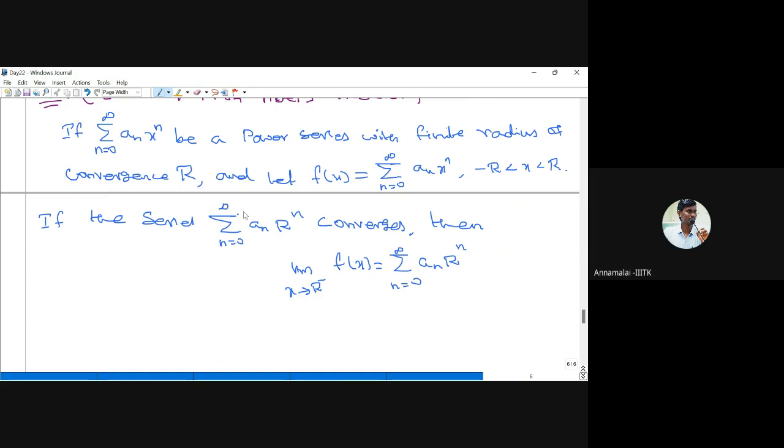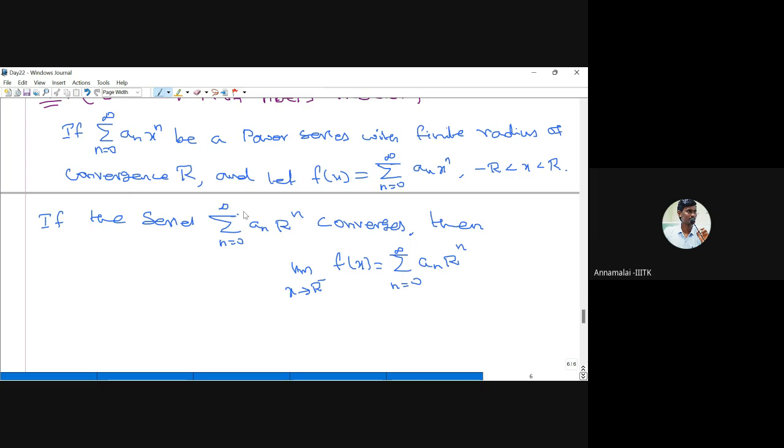Because the series converges, it has some value, and that value is the limit of the function f of x from the left hand side.